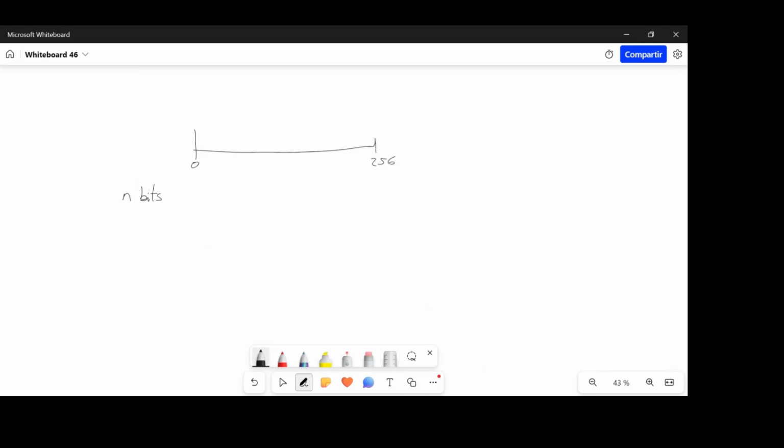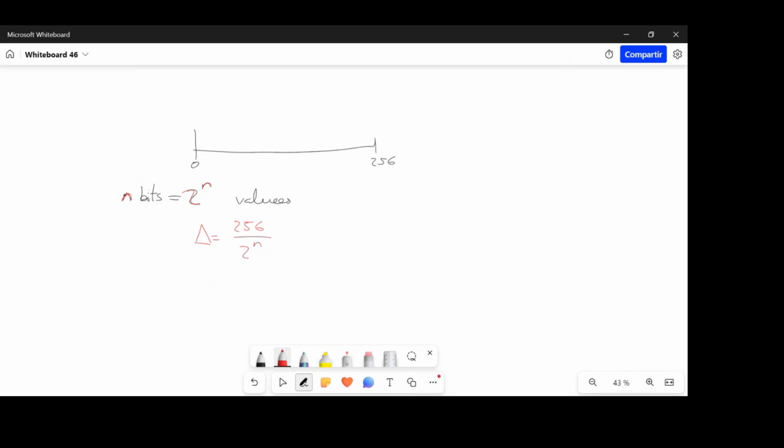How many different values can I represent with n bits? 2 to the n. So I have to distribute these 2 to the n values on this axis. I have to go from 0 to 256 with 2 to the n values. So what is my step? My step is 256 divided by 2 to the n.